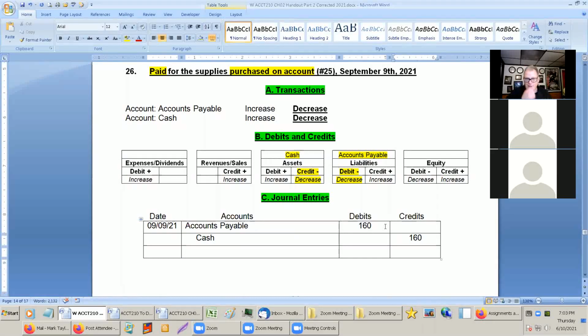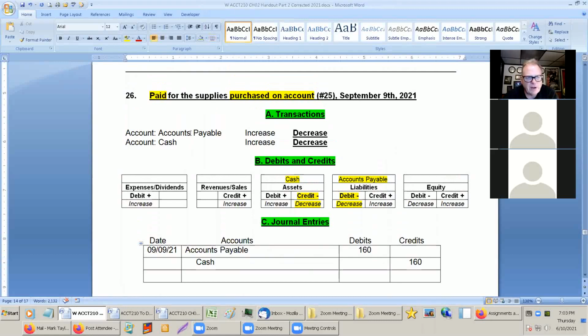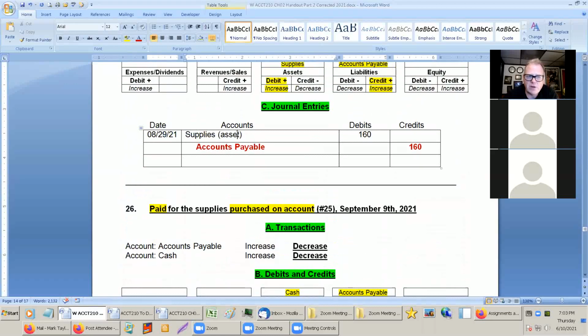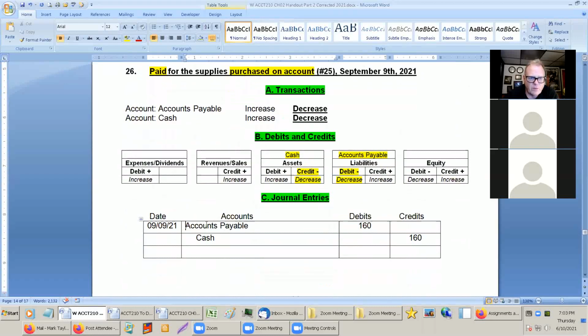And so this is just kind of a timing difference, basically. Accounts payable and accounts receivable are both just timing differences in when you get the cash in. We recognize the purchase up here, even though we didn't send any cash yet. We recognize us buying the supplies. So when we come down here, we're just taking that off the books, because it's almost like a placeholder.